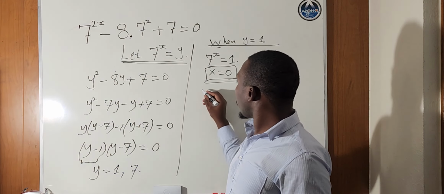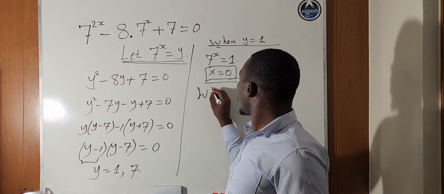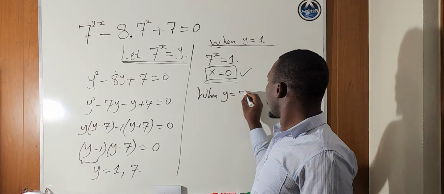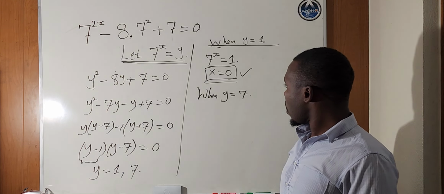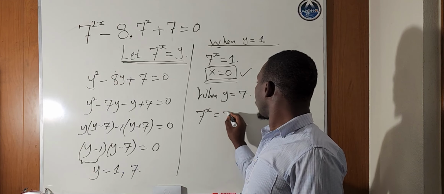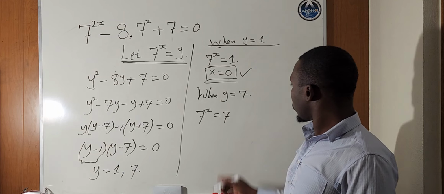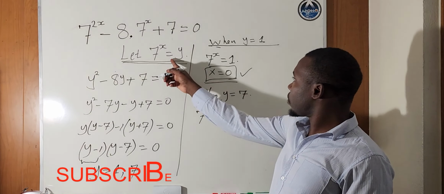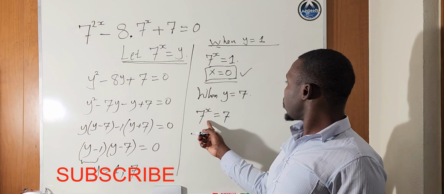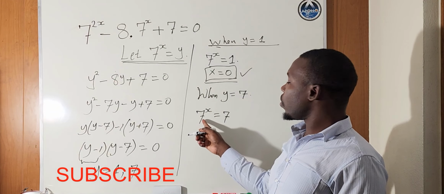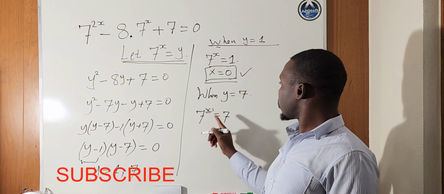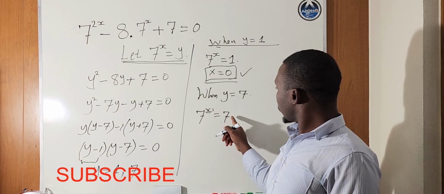Now let's consider when y equals 7. Now we have 7 power x equals 7. This is the value from this equation here. We want to see what value of x, when 7 is raised to it, will give us 7.